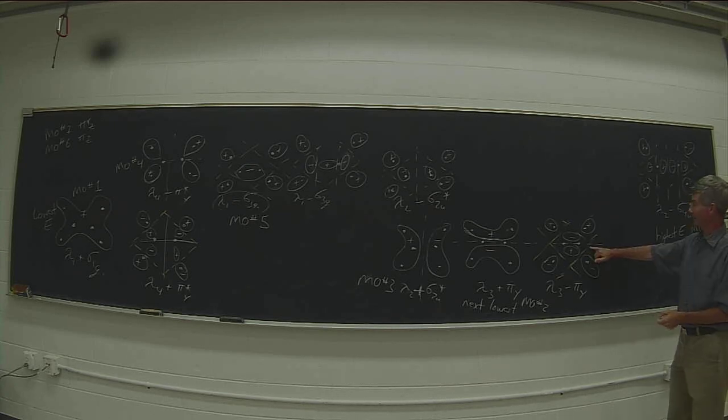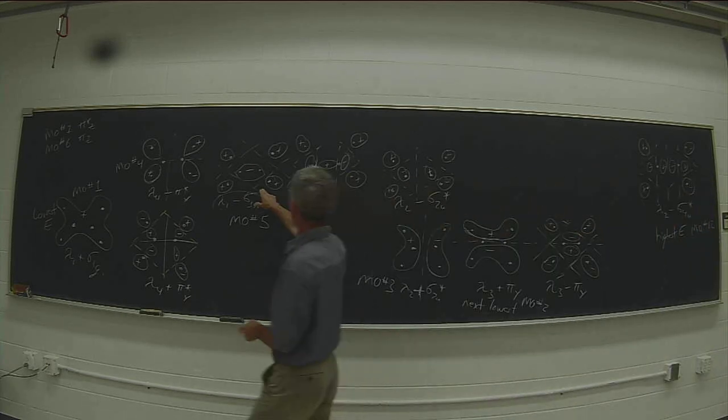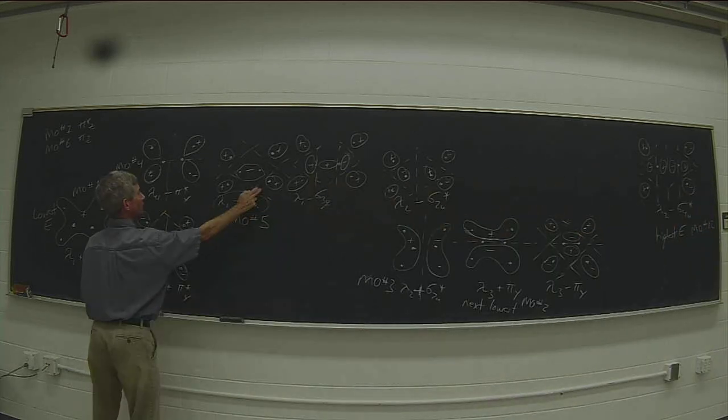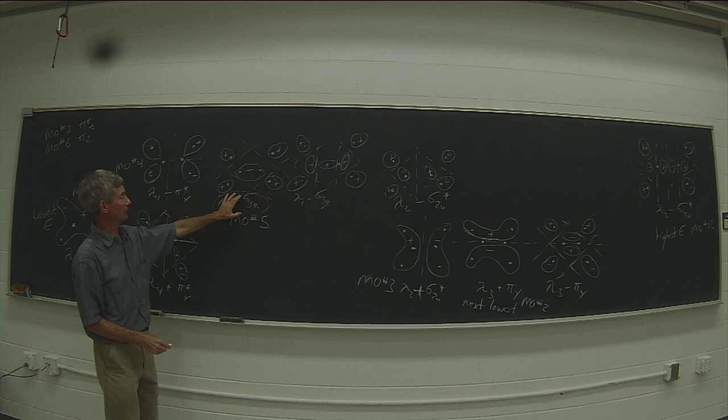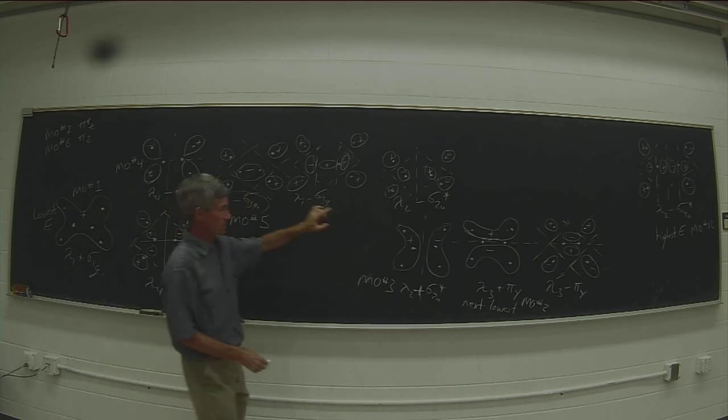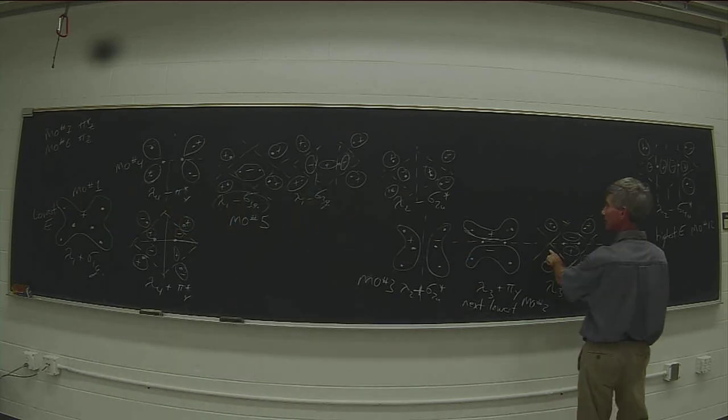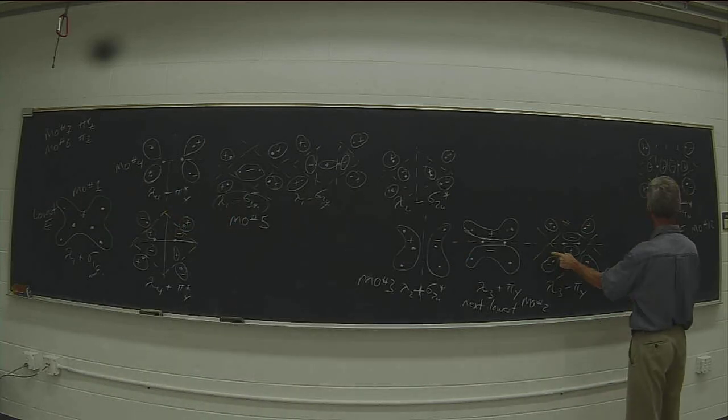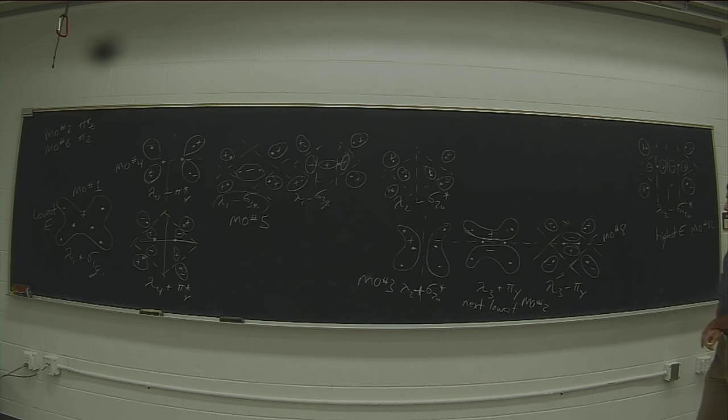This one had an existing node in addition to the new nodes that were created. This one had no existing node, right? So this one is definitely lower in energy than this one. But this one's not too bad. So that's probably molecular orbital number 8.